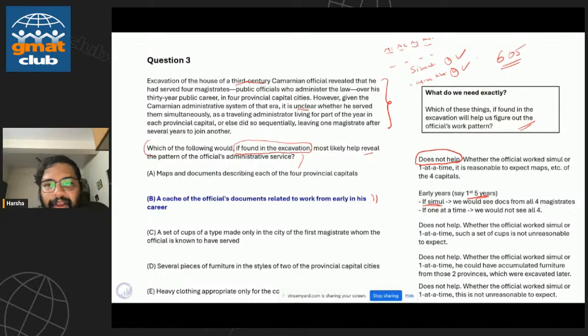Either we would see documents from all four magistrates, which would suggest he was working simultaneously, or one or maximum two, depending on how many years he worked, which suggests he's probably working one at a time. So you can see why choice B definitely helps.